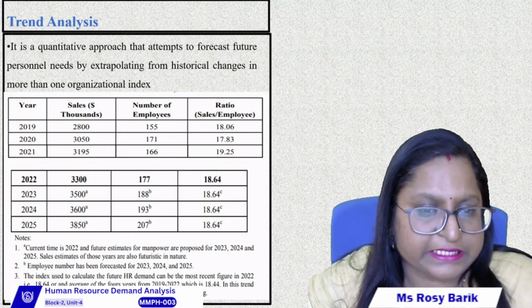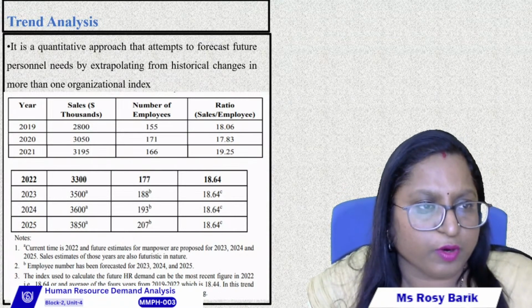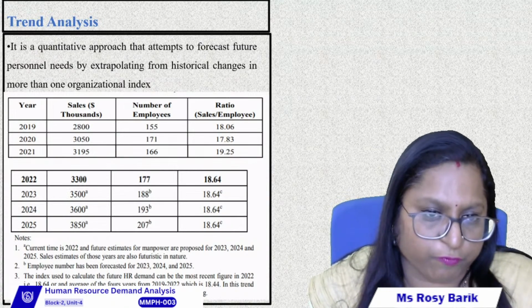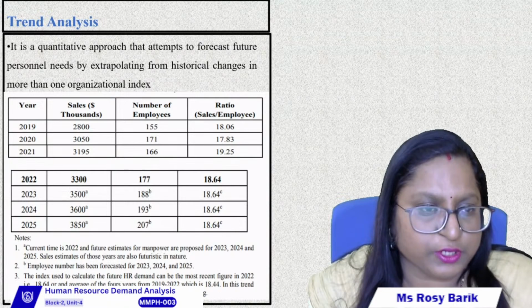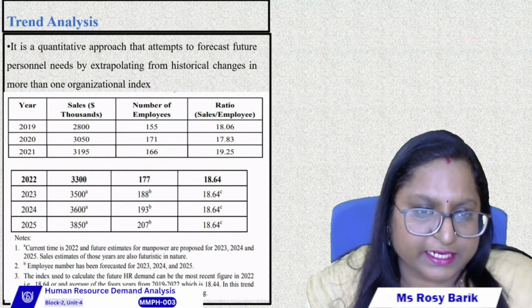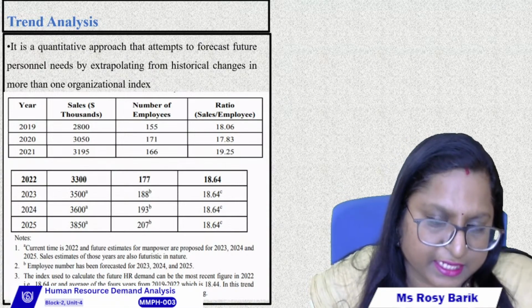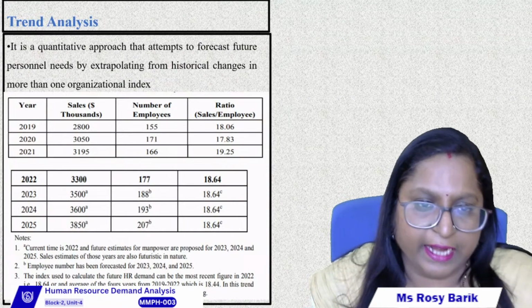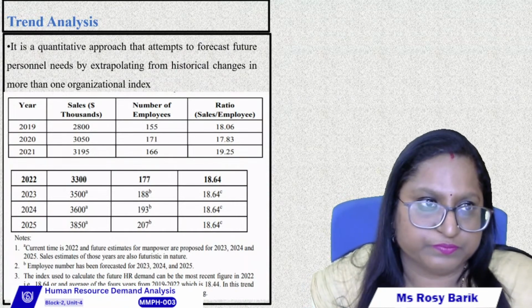So here we can say the average ratio from 2019 to 2022 is 18.44. But after that, gradually in 2023, 2024 and 2025, we can forecast it as 18.64. So the forecasting ratio was 18.64.